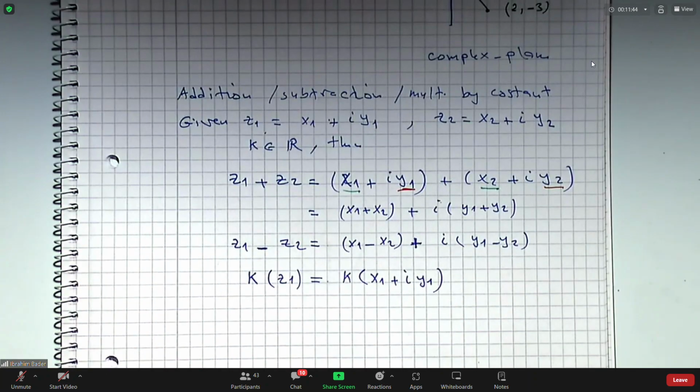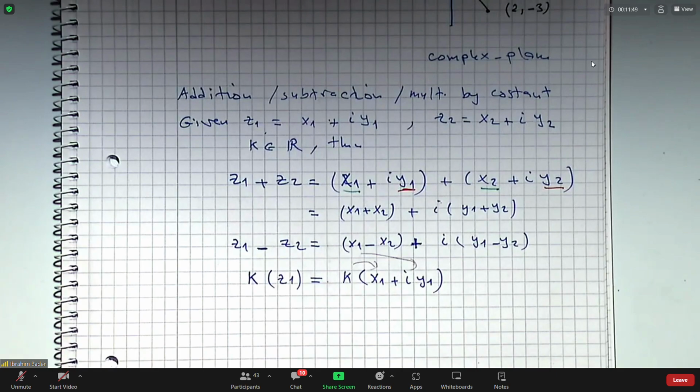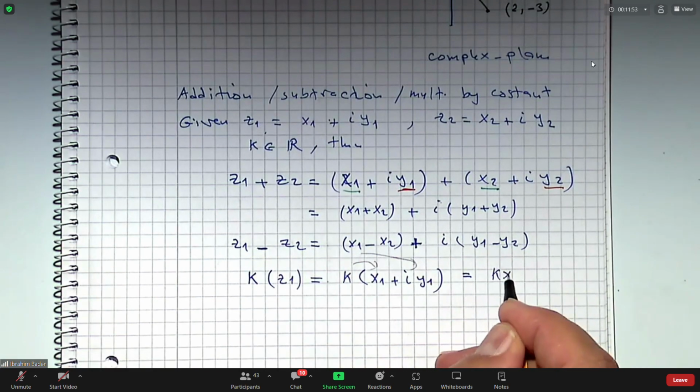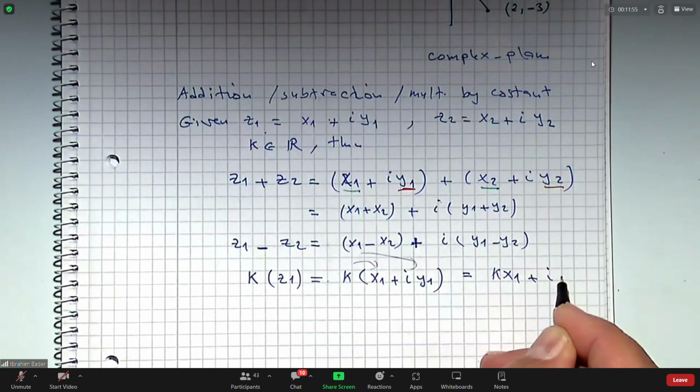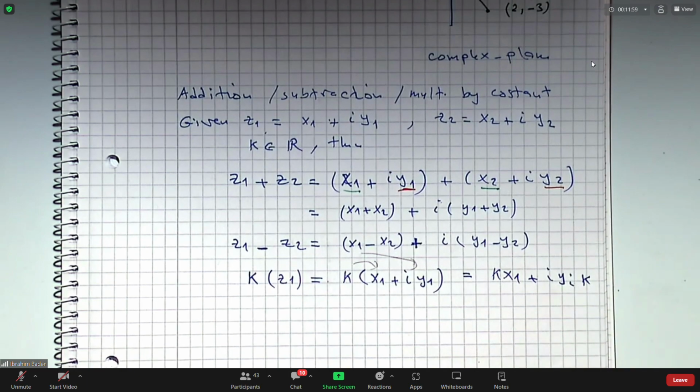And here, of course, this k expands to both components, and we end up having k multiplied by each of the components. So you have i k y1. Okay. So here it doesn't matter whether you multiply from the right or from the left.